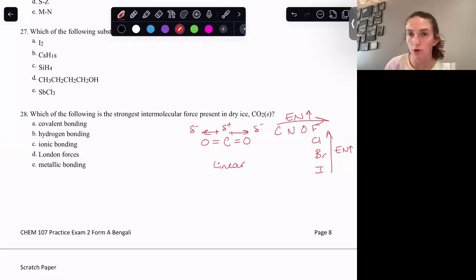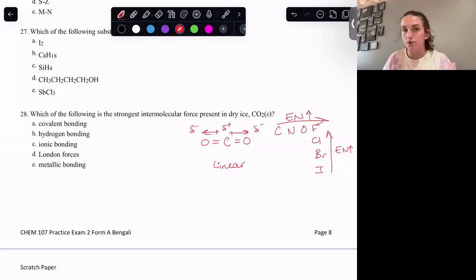Do they superimpose? Do they cancel out? Perfect. Yep, they're going to cancel. Think about carbon dioxide being the center of a tug of war, and you have the same equal strength on both sides. If both are pulling out, then that center point is not going to move. So they cancel out, therefore making your dipoles null.